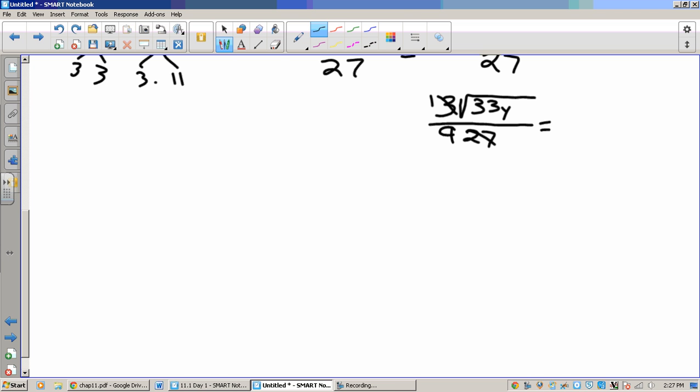So our simplified version is the square root of 33y, all over 9. Just so you know, you can't take 9 and reduce it with 33, or if it was 27, we couldn't simplify it there. It has to be outside of the square root in order to simplify it.